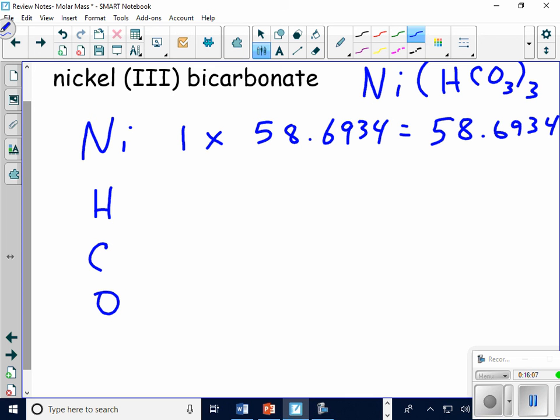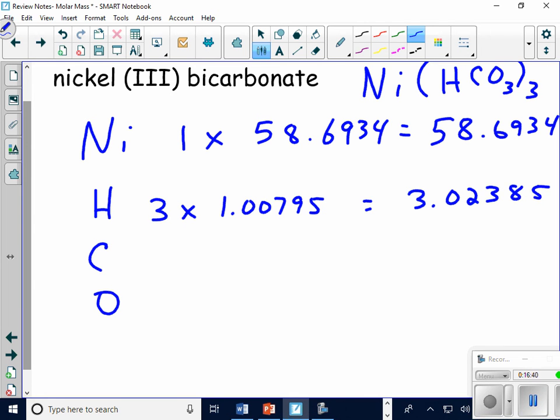Hydrogen, I look at my hydrogen, I have 3 total hydrogen. 1.00795, and that's where we could vary a little bit based on our table. So my mass due to the hydrogen is 3.02385.